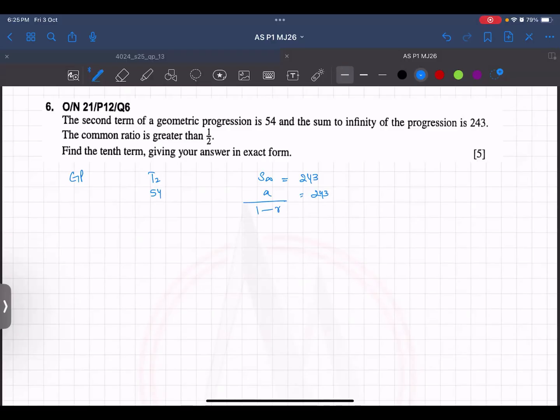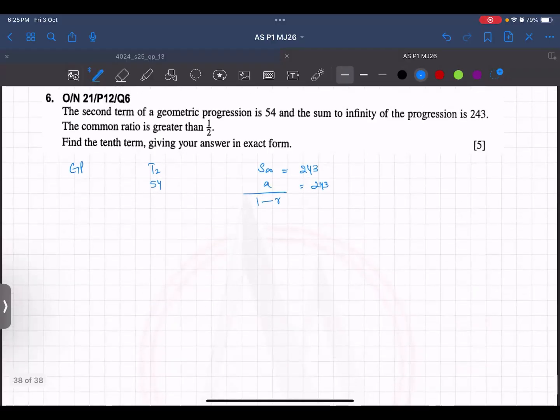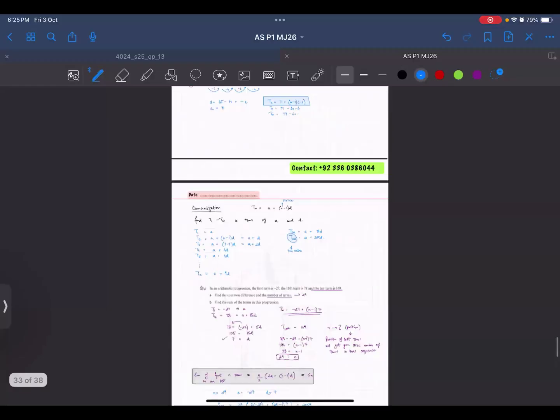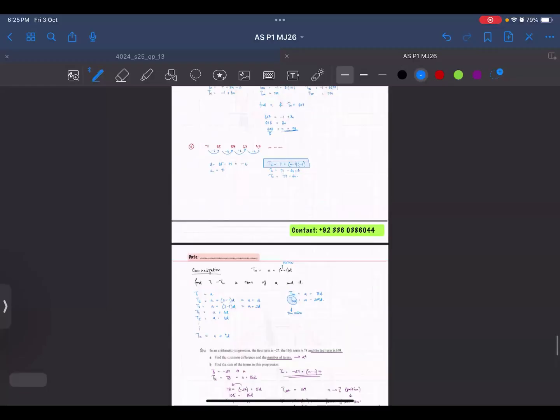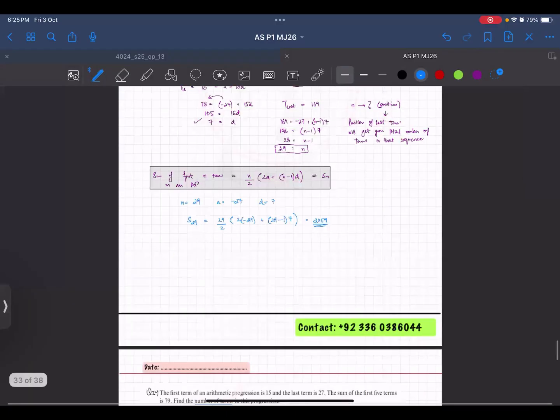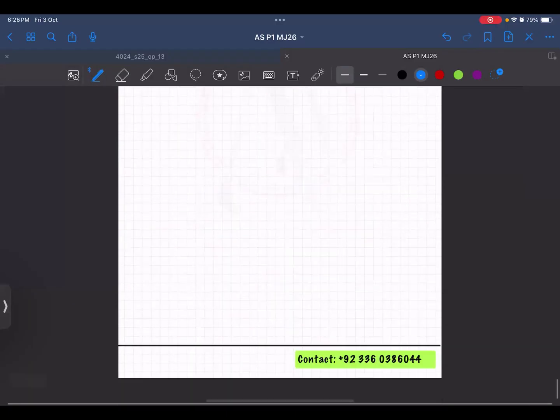And one more thing that you may need, just like we did the generalization over here in AP, that your T74 is A plus 73D. T210 is, the coefficient of D is just 1 less than the term number. Over here as well, we can do some generalization.